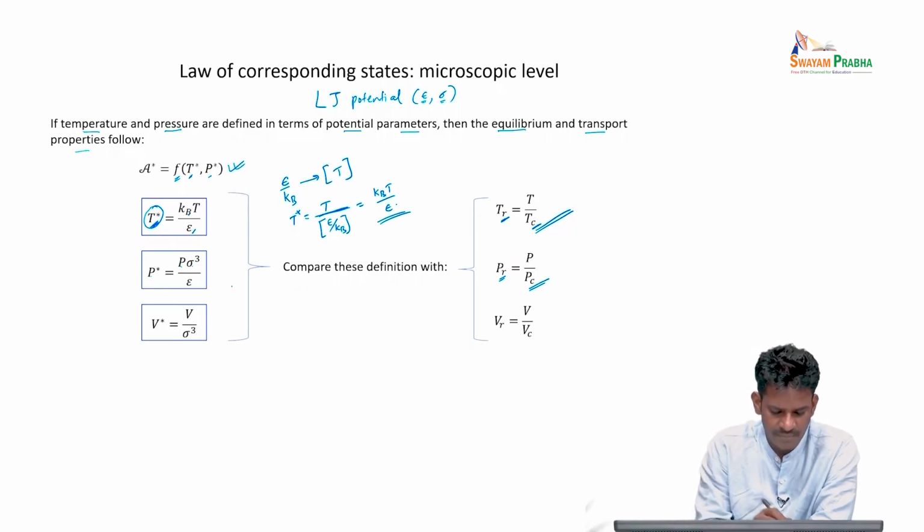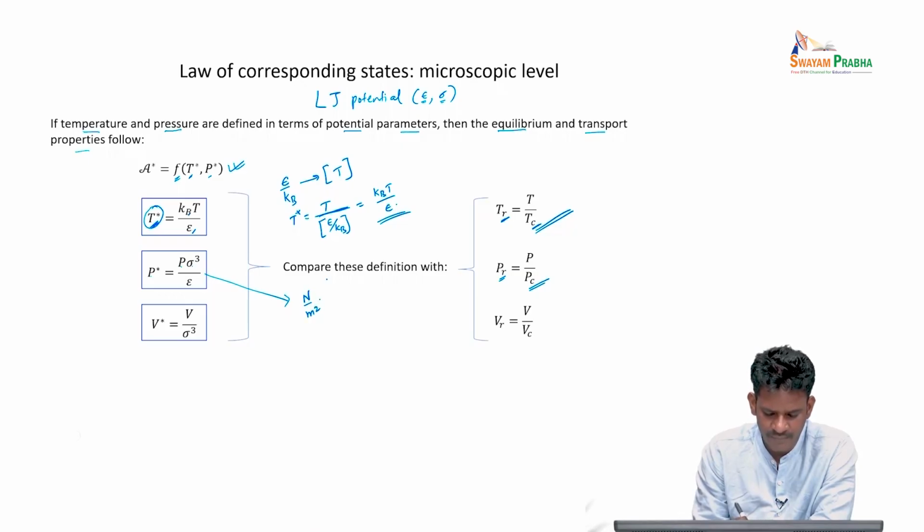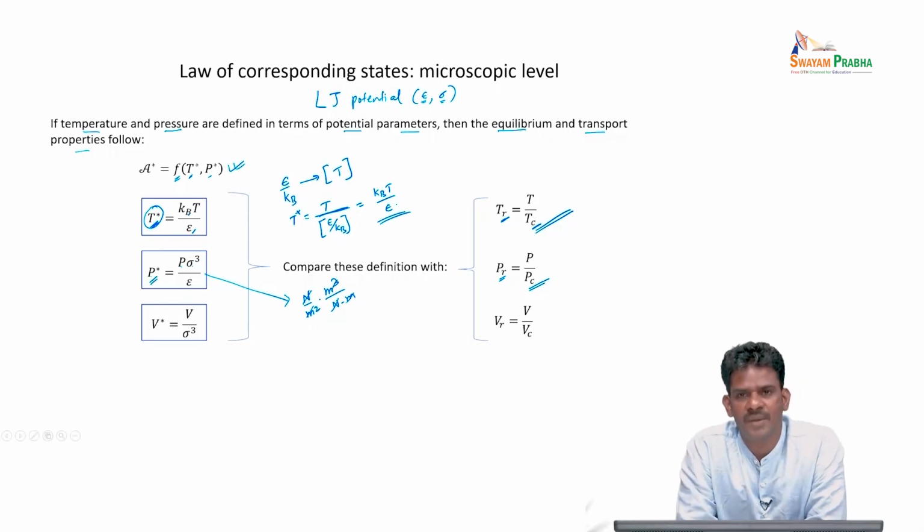P would be in Newton per meter square, sigma cube in meter cube, and epsilon in joules, that is Newton meter, and they all cancel, so that P star becomes a non-dimensional number.